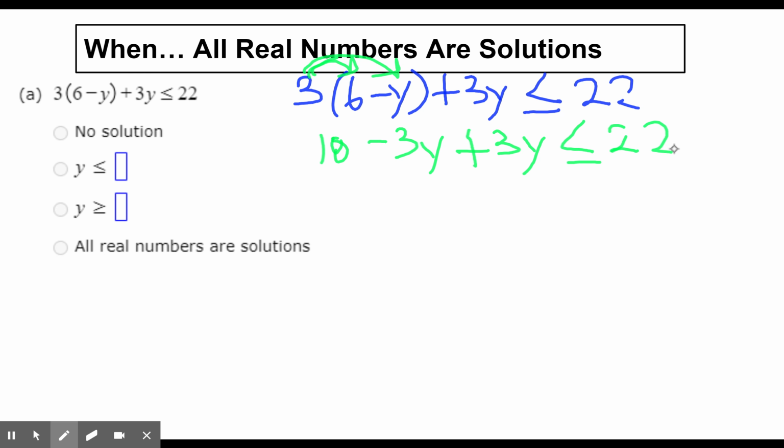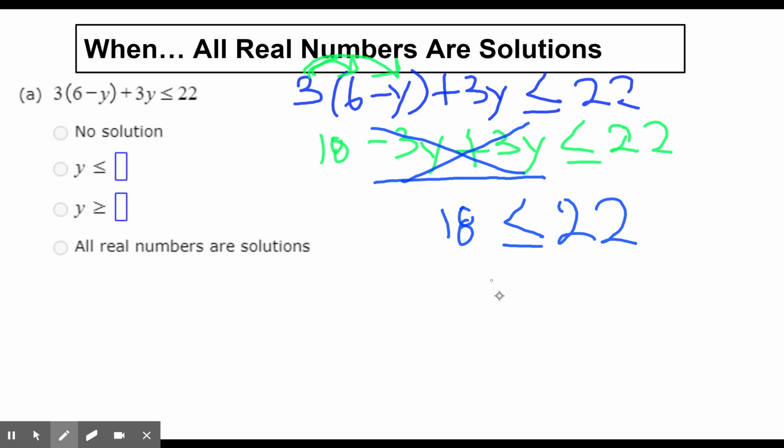Now, the problem that I already foresee in simplifying is that I have these two sets of like terms, negative 3y and positive 3y. They completely cancel out because they're additive inverses of each other, which is just a fancy math way to say a number plus its opposite will always equal 0. So that simplifies out, and we're left with 18 is less than or equal to 22.